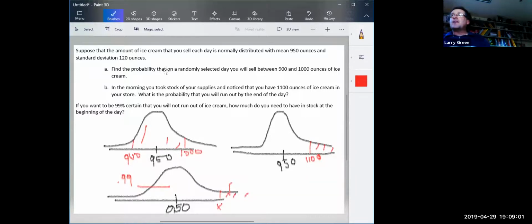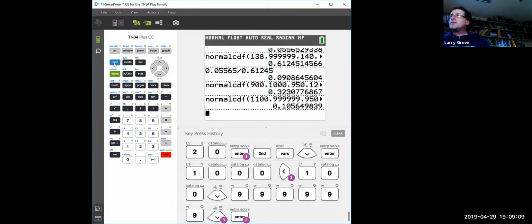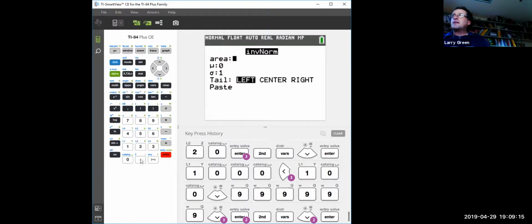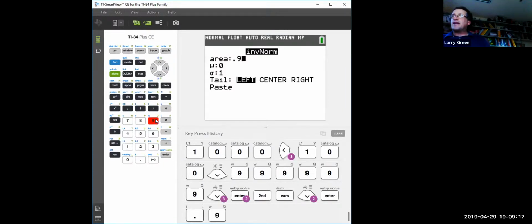Okay, so now we go ahead and go to the calculator. And we go to second distribution. We go to inv norm. The area is 0.99. Mu was 950.